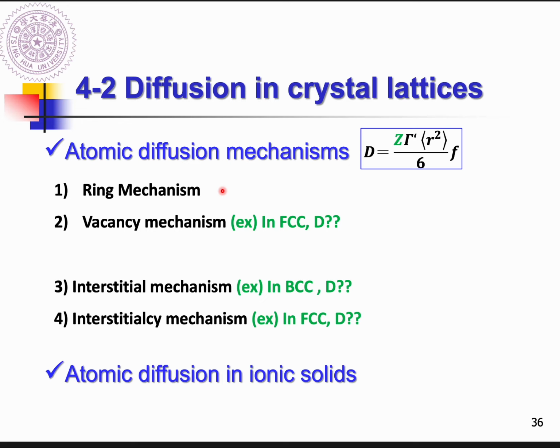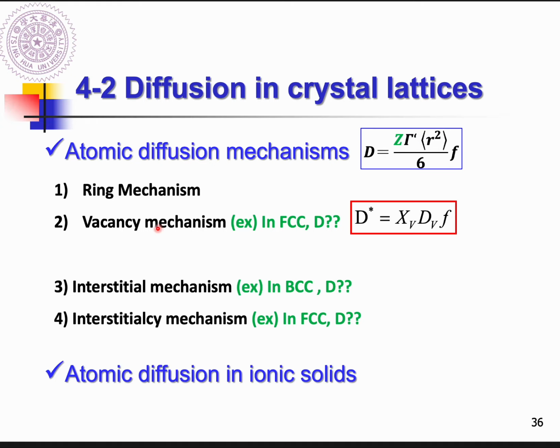But we didn't have a quantitative description of the diffusivity in the ring mechanism. But for numbers 2 to 4, we did show you how to estimate the diffusivity of the diffusing atoms, right?